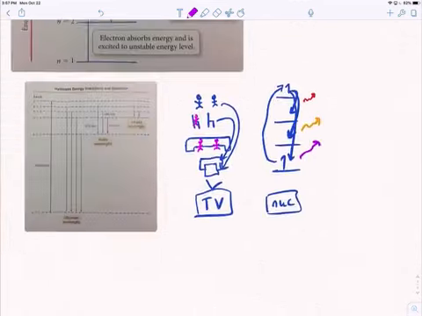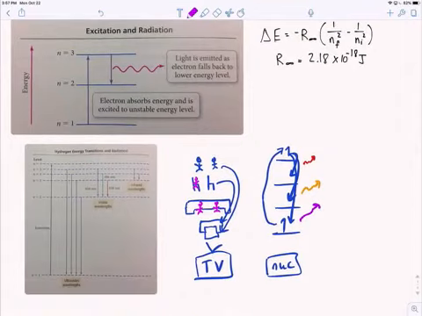Now let me compare this to the excited states here. This is just what I said. Electron in the ground state, N equals 1, and this is for the hydrogen atom. The hydrogen atom, N equals 1, that's the lowest energy state.